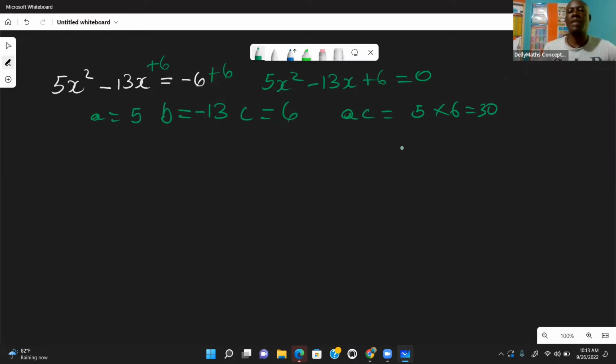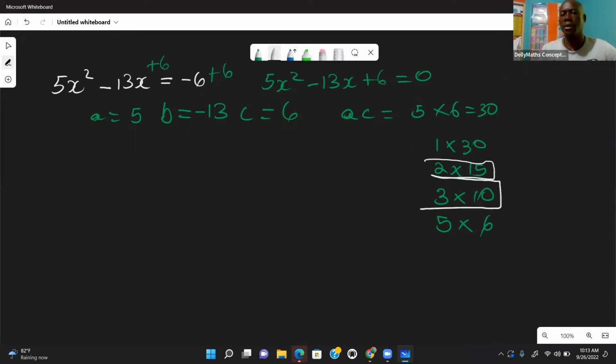What are the possible things that could go into 30? And when you add them, you get back 13. Let's list the possible combinations. 1 times 30, 2 times 15, 3 times 10, and 5 times 6. Now, at this moment, we might be saying we're seeing 2 things that could give a 30.